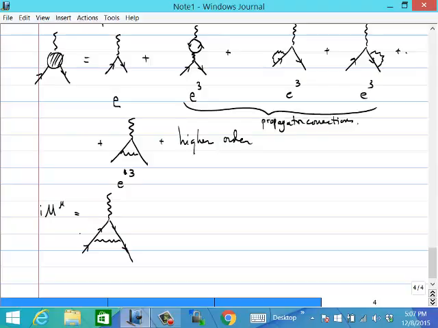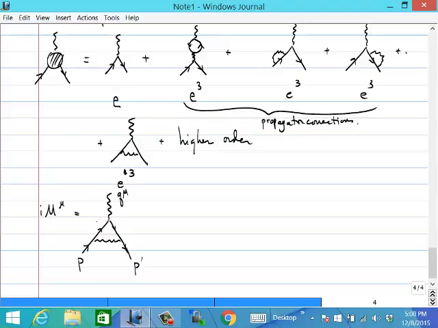Okay, so let me just remind you of the setup. We have an incoming electron of momentum p, an outgoing electron of momentum p prime. Your photon has momentum q, and let's give this a mu index. And then just by momentum conservation, you can determine two of the three momenta running around in this loop.